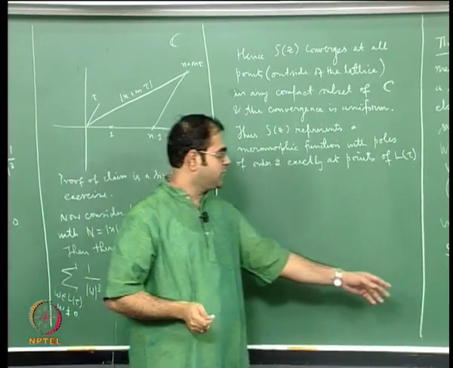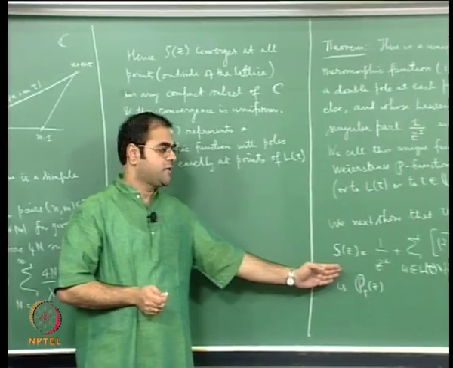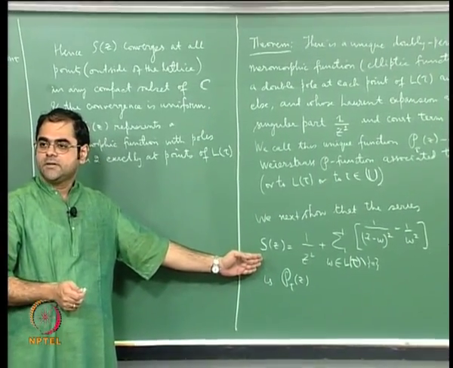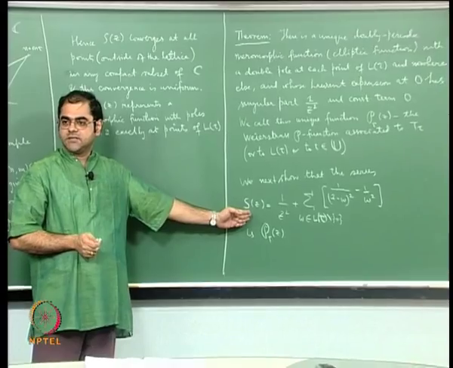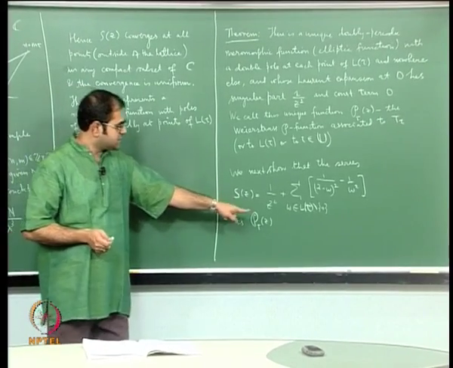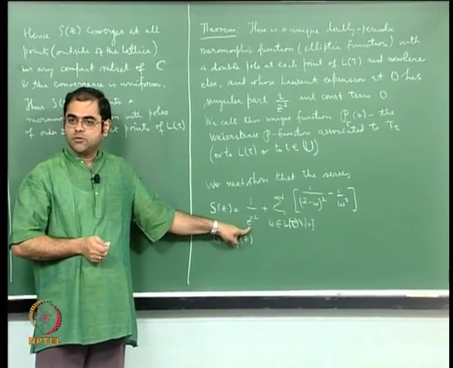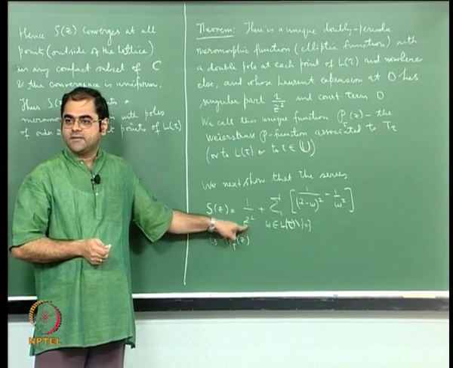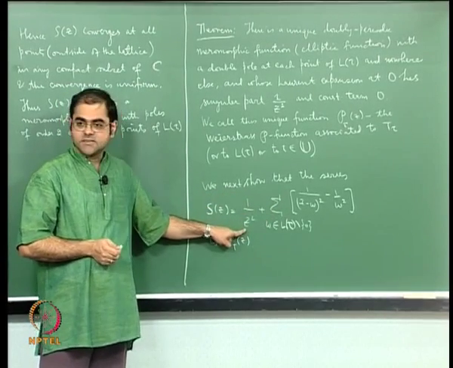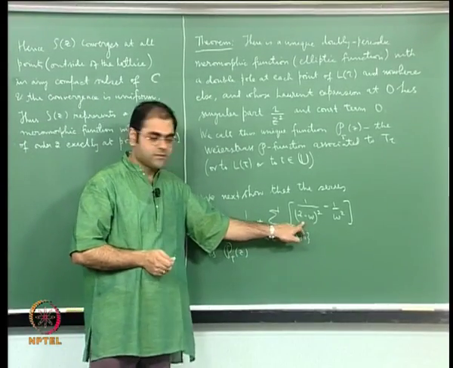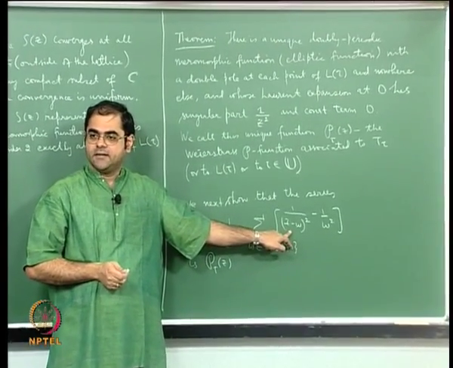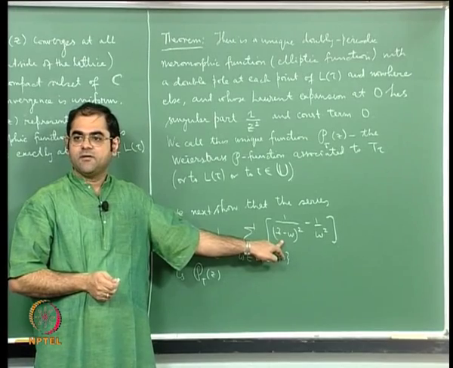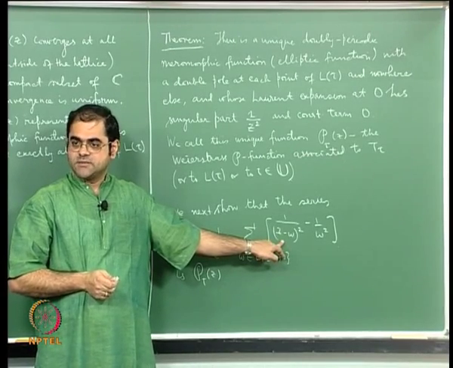because if you look at points of L of tau, the same calculation will tell you that as z goes close to omega, so long as z is not omega the series of course converges, but because of this term the limit z tends to omega will become infinite, so it will certainly be a pole.